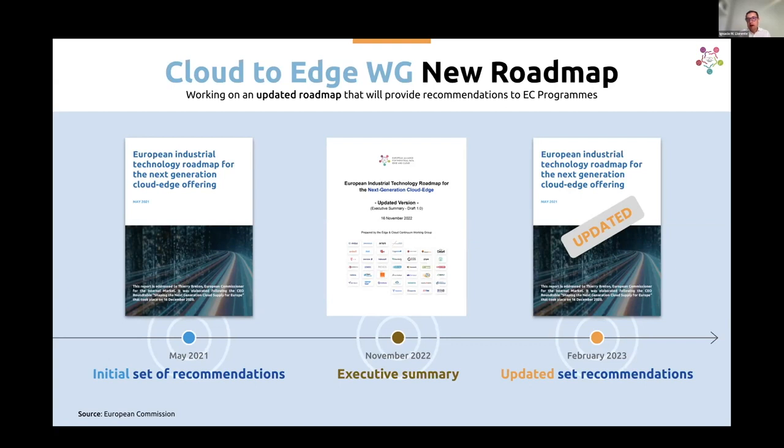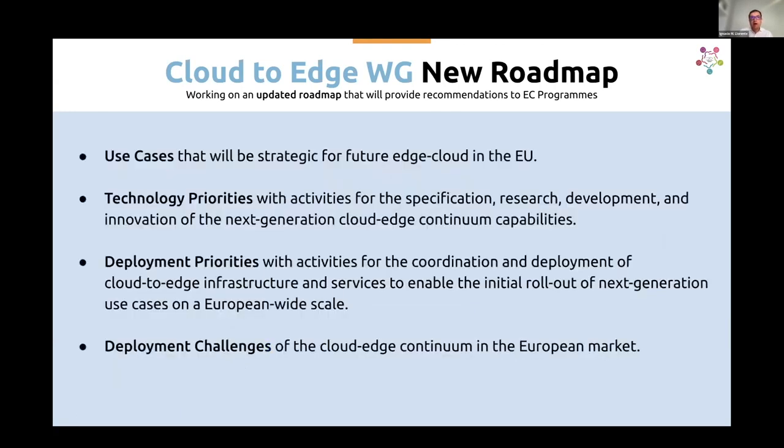This version will be available in a few weeks. In November 2022, in the first assembly of the Alliance, we presented the executive summary. So the thing here is to announce this and to say that please stay tuned if you are interested in having more information about this roadmap, because it will be out in a few weeks.